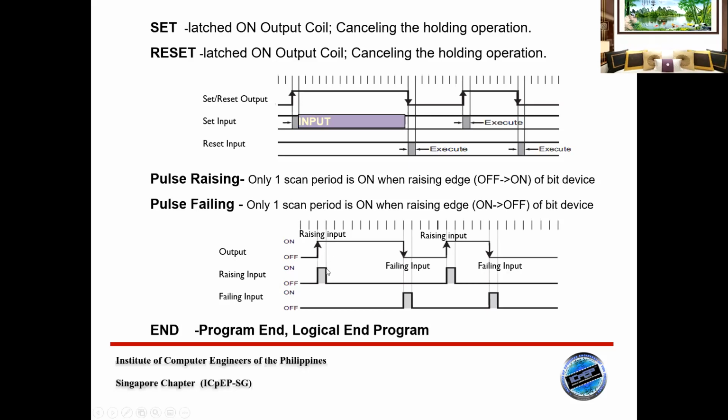Even though your switch is still on, your program will consider only one cycle. So my input is 1, but my rising pulse I can get only for a few milliseconds.